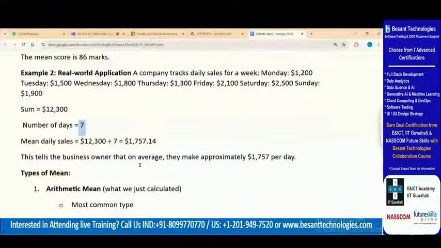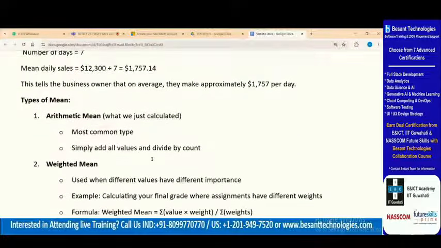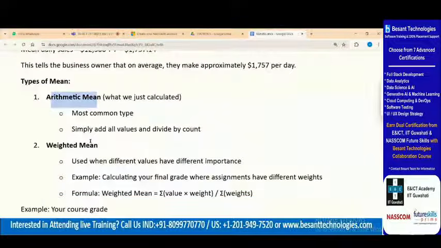This mean itself can be divided into two types: arithmetic mean and weighted mean. If you have any doubts, you can stop me in between.